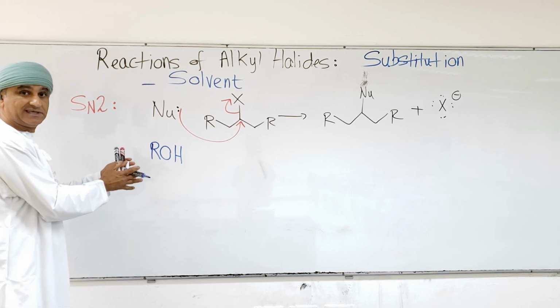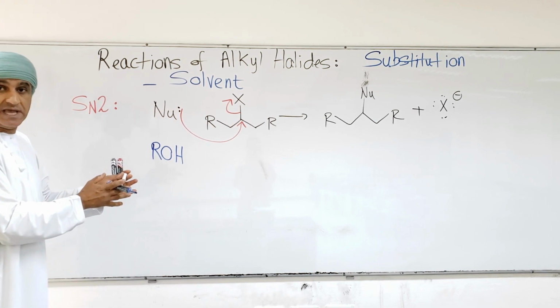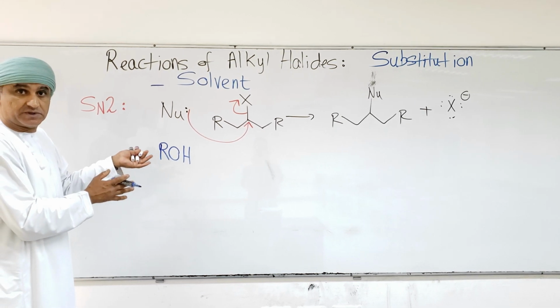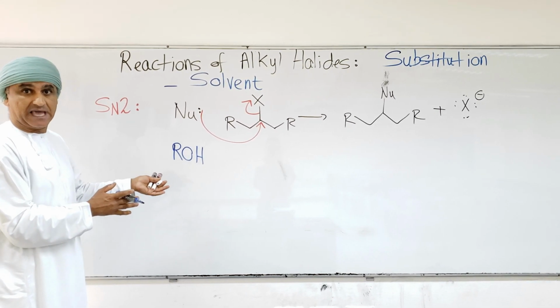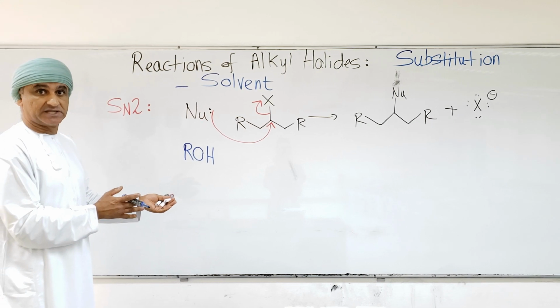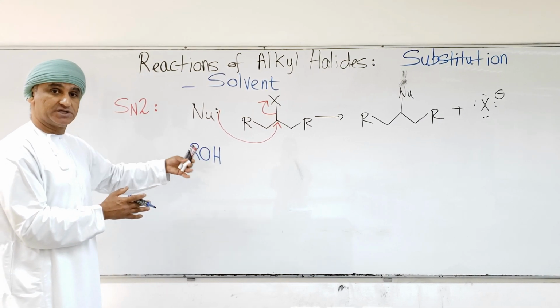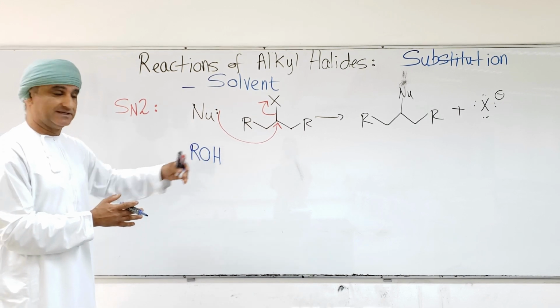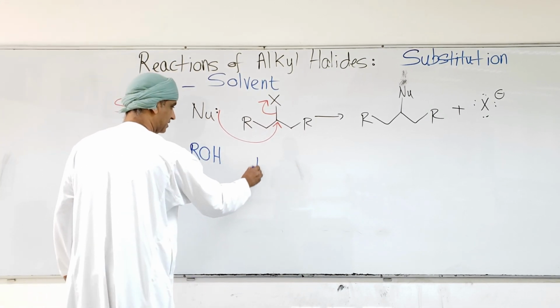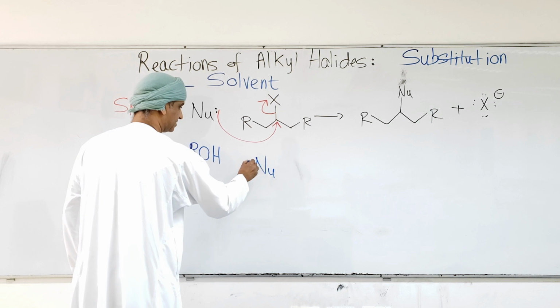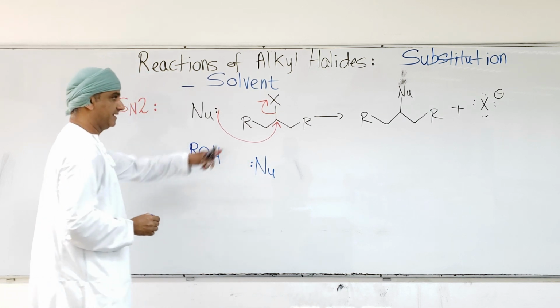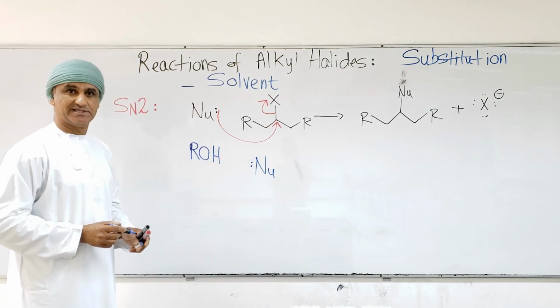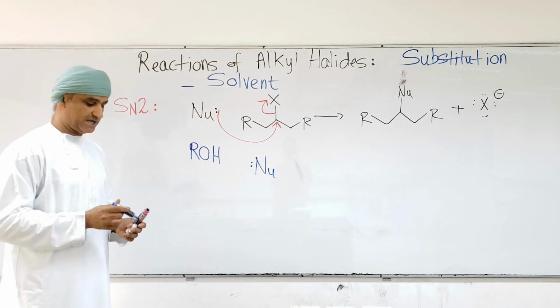Here we are showing what alcohols can do with respect to hindering, or stopping, the reaction. And then we will appreciate the other types of solvents which don't do this and facilitate the reaction. If we have a nucleophile, it is supposed to go and attack that electrophilic carbon in a fast one-step reaction.